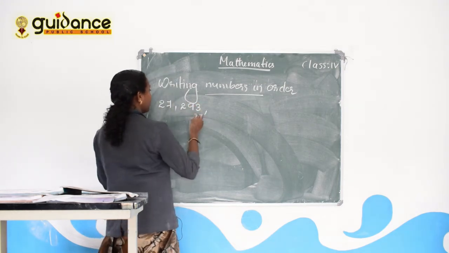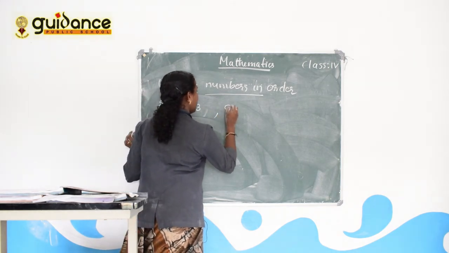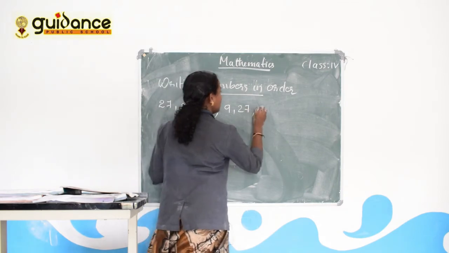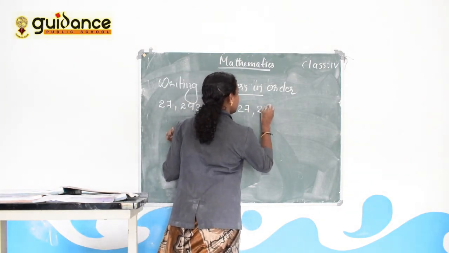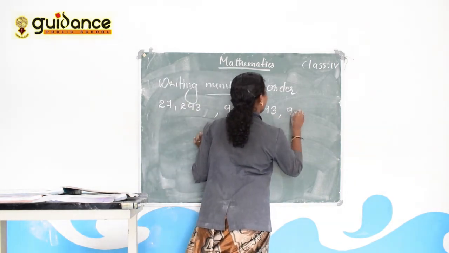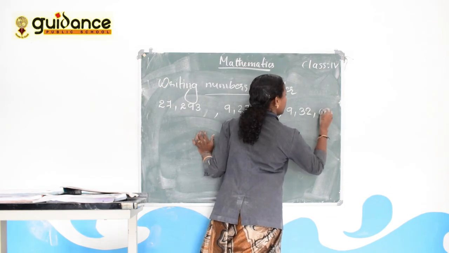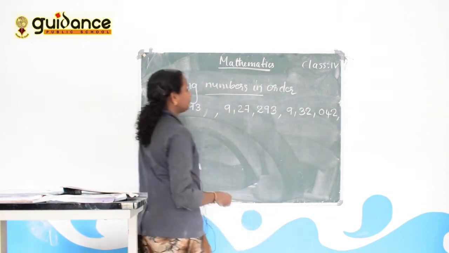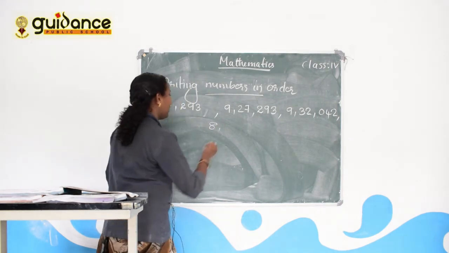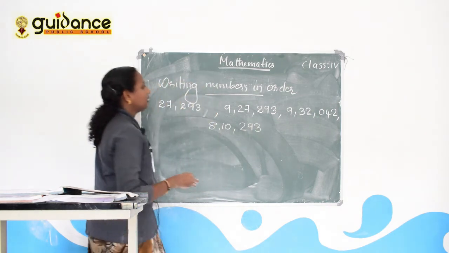27,293, 9,20,000, then 9,32,042, 8,10,293.